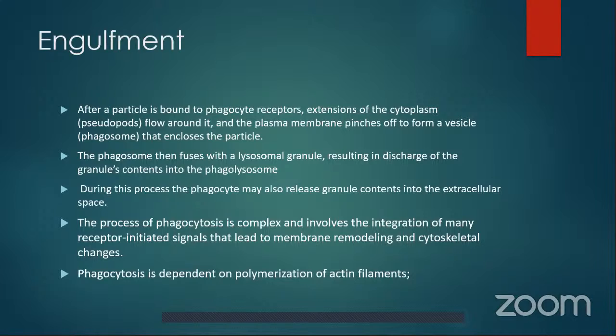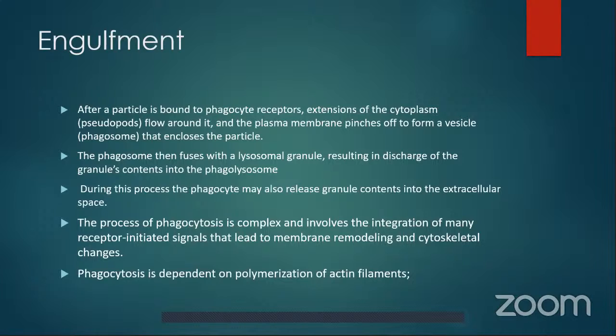Then you know that it is a leukocyte, and it has lysosomes within it. We are talking of neutrophils and macrophages, so they have lysosomes in them. So this phagosome will fuse with the lysosome, which will result in the discharge of the lysosomal granules into the phagolysosome. During this process, the phagocyte may also release granule contents into the extracellular space.